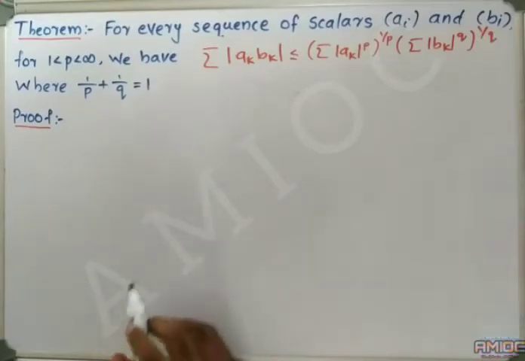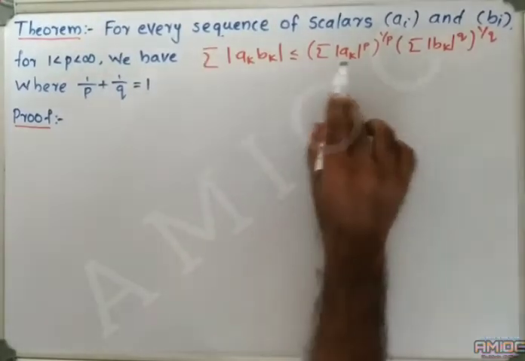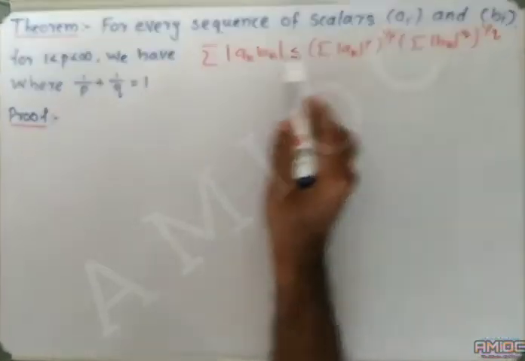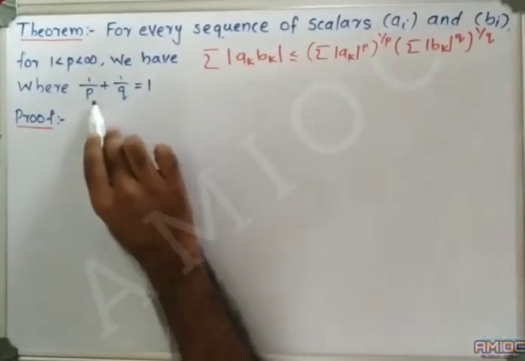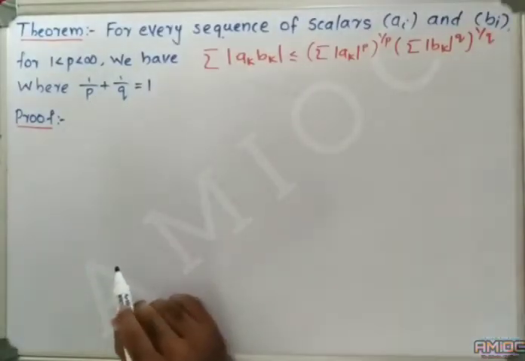We want to show this inequality holds for this sequence of scalars and a number q such that 1/p + 1/q = 1.